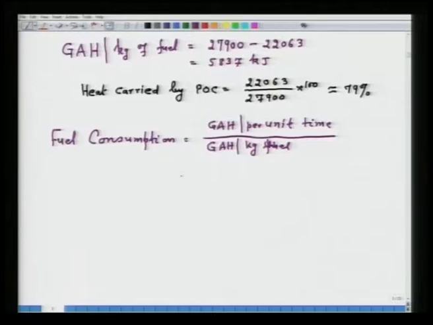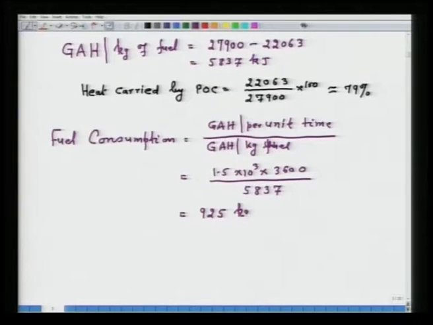So, we know now say 1.5 into 10 to the power 3 is what? It is joule per second. So, into 3600 divided by gross available heat per kg of the fuel, we have calculated 5837. So, you note that the fuel consumption is 925 kilogram per hour.